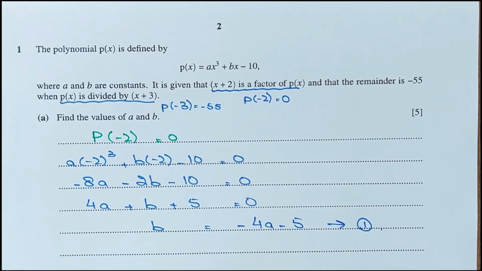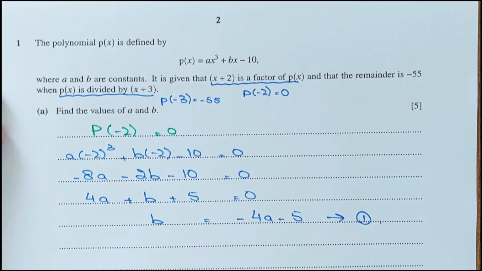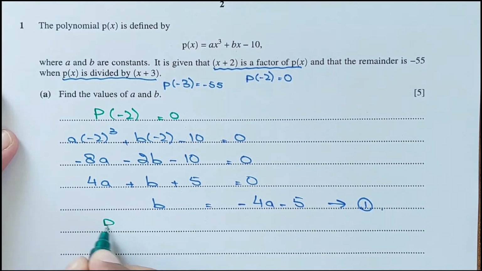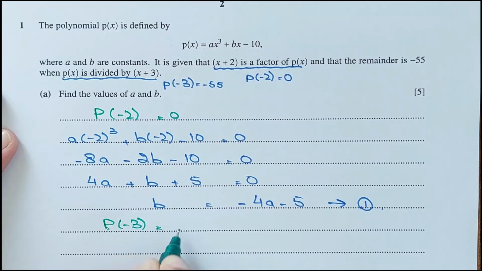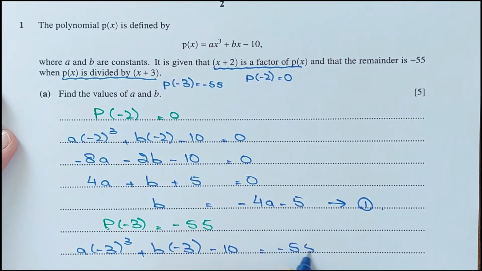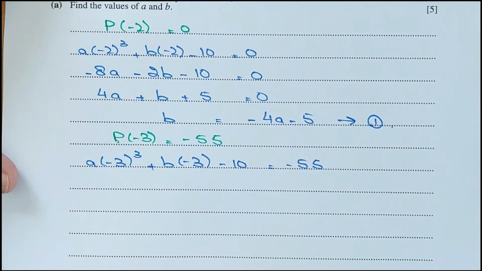Right. Now using the second piece of information, p of minus 3 is negative 55. So we have a times minus 3 cubed plus b times minus 3 minus 10 equals minus 55. Let me simplify.